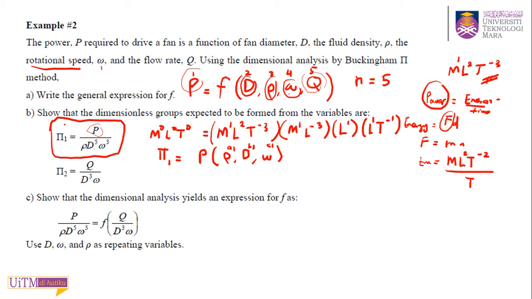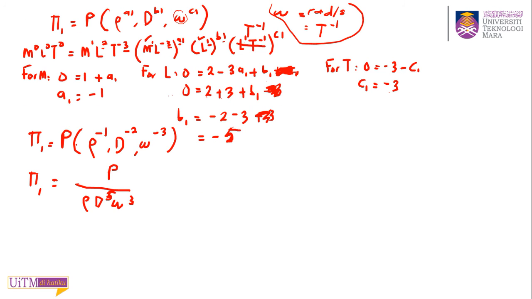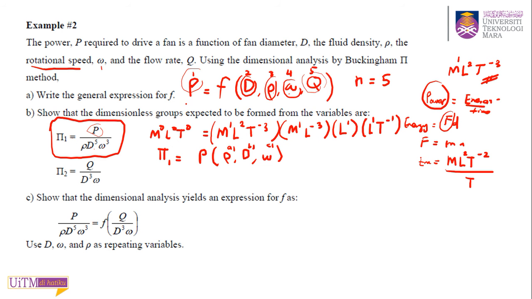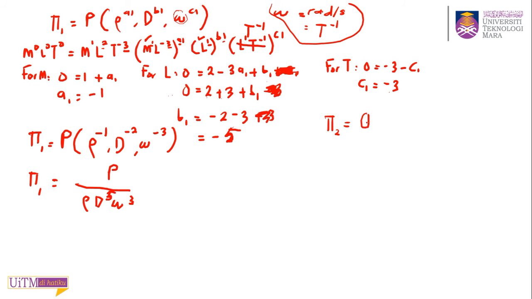Can? Can, sir. Okay, and now do the same for pi 2. For pi 2, we will have pi 2 as Q times rho D and omega.